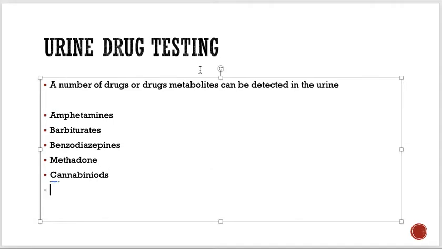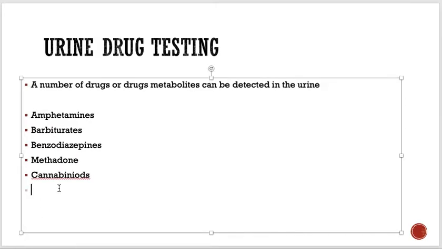Cannabinoids is all the hash or marijuana, you know, which is quite a famous drug. Many people abuse it, and it is legal in many parts of the world. Or cocaine can be detected, or cocaine metabolites can be detected. Lysergic acid can be detected. So many drugs, I cannot talk about the whole list over here.